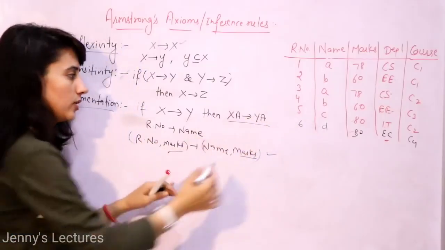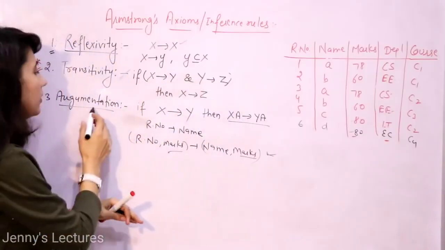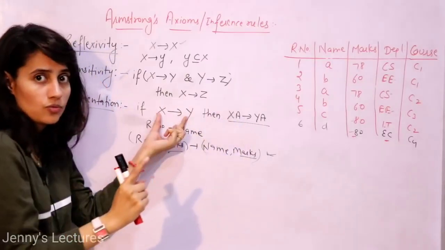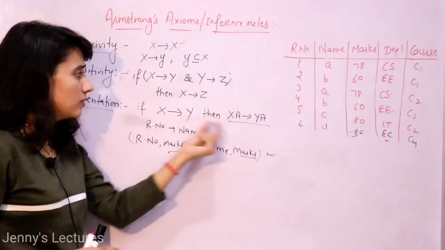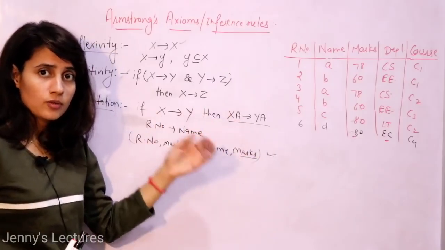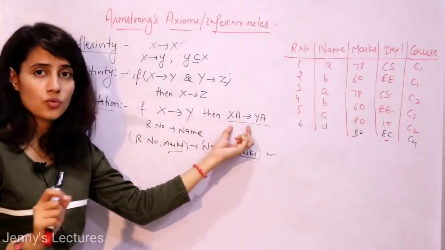Without checking on the table, you can say this functional dependency will exist, right? According to the augmentation rule, if this is true, then this is true. But I cannot say that if this is false, then this is also false. It may or may not be true, right? We are concerned about: if this is true, then this must hold.